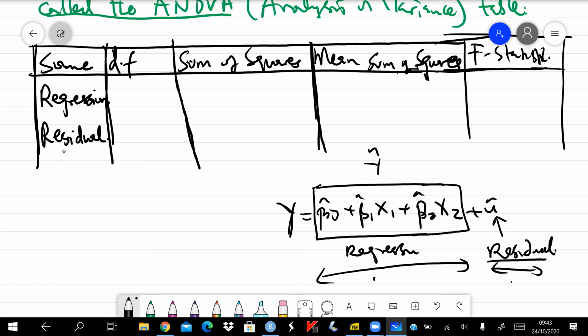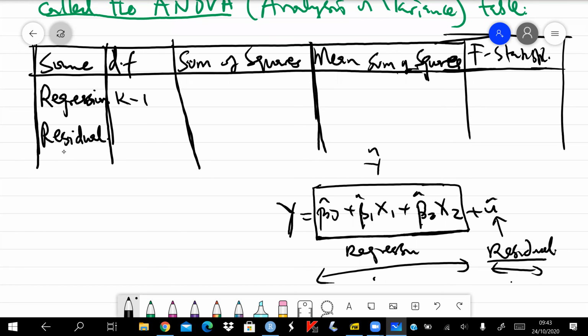Then we have the degrees of freedom. The degrees of freedom under the regression part is the number of explanatory variables, which is k minus 1, that is, the parameters beta 1, beta 2, all the way to beta k.